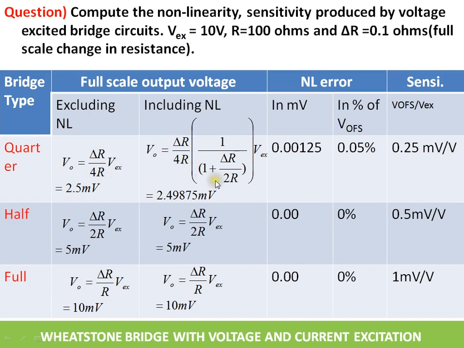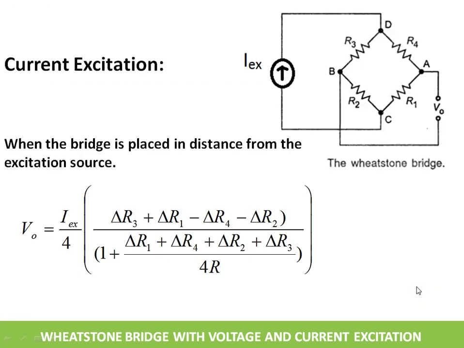For quarter bridge, there is some non-linearity, and if your application doesn't require that, then you need to go for half or full bridge configuration. Sensitivity is usually expressed as full scale voltage by V excitation. So for quarter bridge it is 0.25, for half bridge 0.5, for full bridge it is 1 millivolt. So depending upon your requirement, the type of configuration needs to be selected.